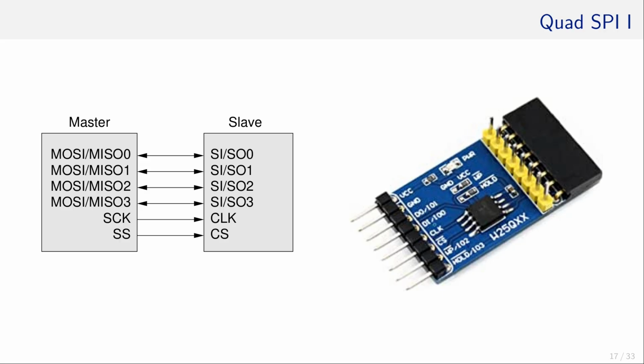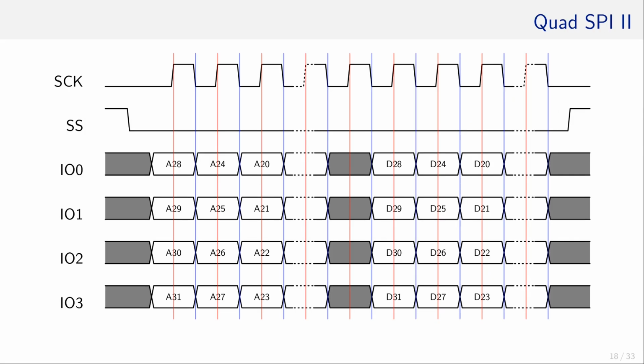Looking closely, those additional ports are named IO0, IO1, IO2 and IO3. Usually, the quad SPI mode is to be activated first by a normal SPI transfer on the IO0 connector. That is how the communication would look.